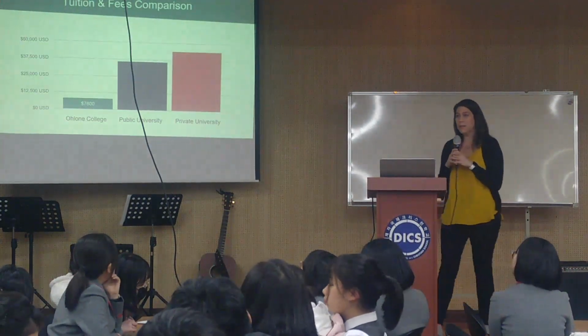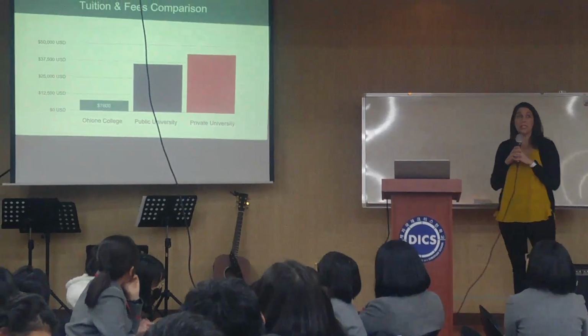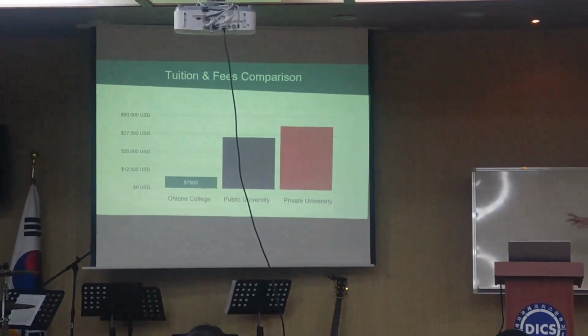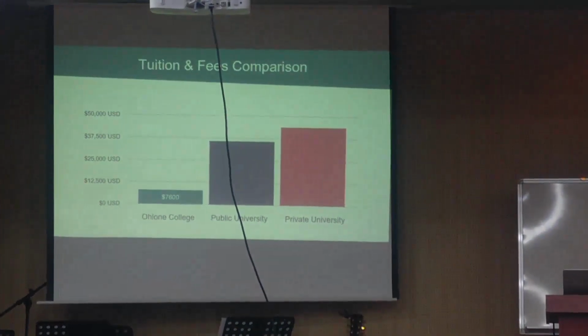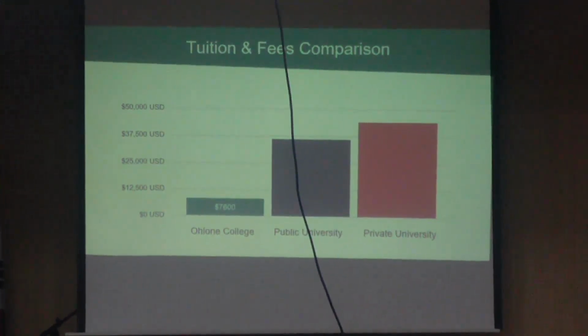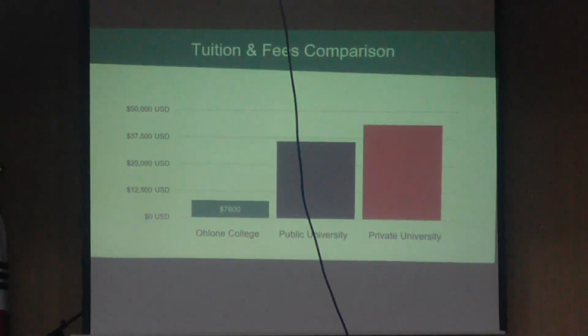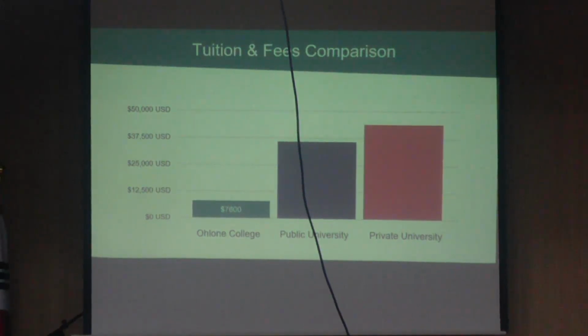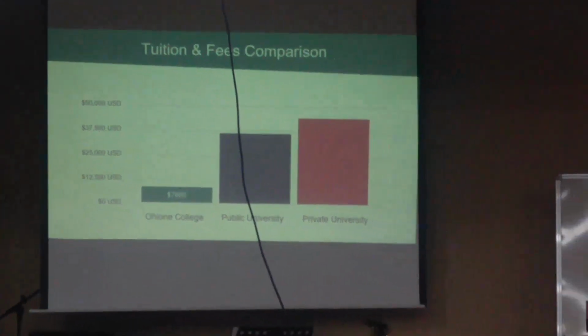All right, so this is a comparison of the tuition and fees. At Ohlone, our tuition is about $7,600 US. So it's very affordable compared to most universities in the United States. You can see that public universities, so CSUs, range from about $25,000–$30,000 per year.